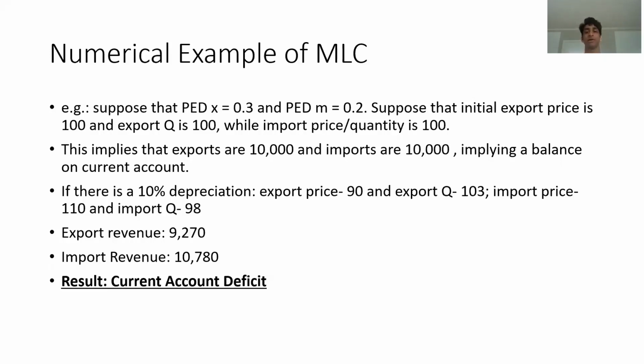And based on the PED of imports of 0.2, it means that the quantity traded will fall by 2% to 98. Now, when you multiply those numbers together, let's talk about the export revenue first. Export revenue is price times quantity. So 90 times 103 is 9,270. And if you do the same thing for import spending, it's more than 10,000. So in other words, we now have a current account deficit. So we've gone from a current account of 0 to a deficit, meaning that we have proved the Marshall-Lerner condition.